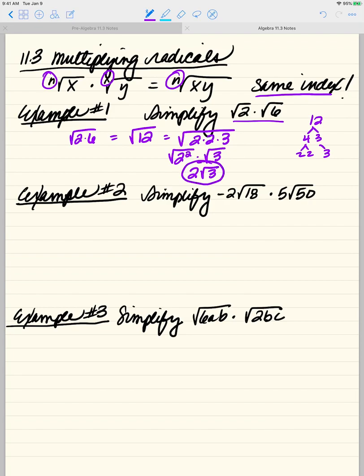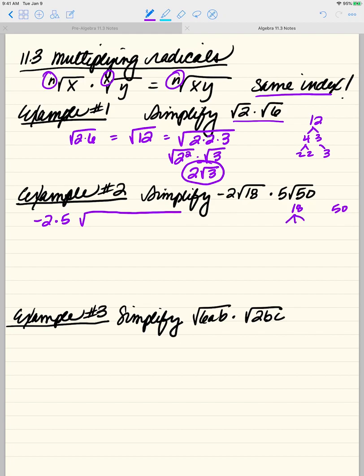So now we have simplified the square root of 2 times the square root of 6 is 2 times the square root of 3. Okay, example number 2, simplify negative 2 times the square root of 18 times 5 times the square root of 50. So we're going to keep the negative 2 and the 5 out here, all right? And then we're going to do 18 and 50, okay?